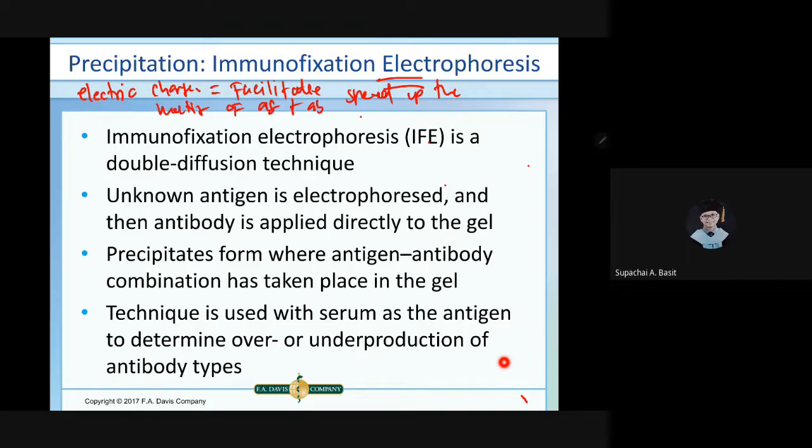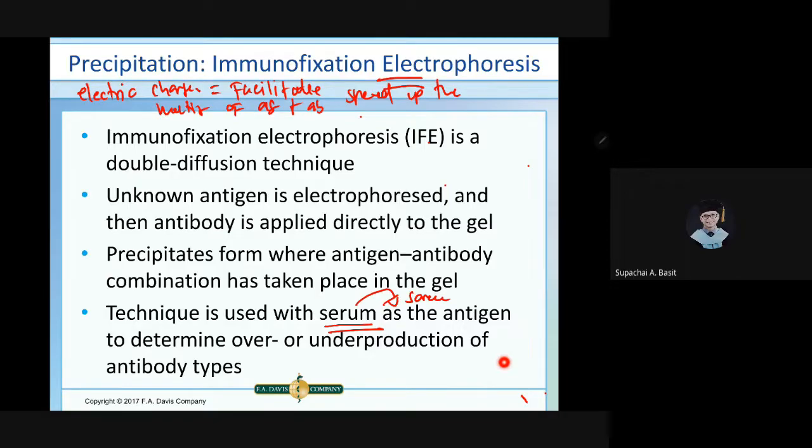In immunoelectrophoresis, the antibody will diffuse out from the well. But here, we're talking about immunofixation electrophoresis. Precipitate is formed where the antigen and antibody combination has taken place in the gel. This technique is used with serum. Serum, therefore, will be treated like an antigen to determine over or under production of antibody types.